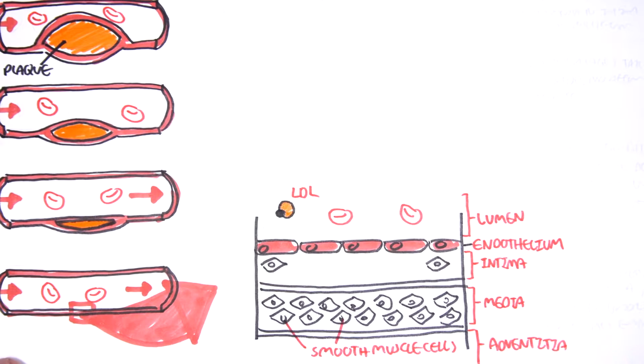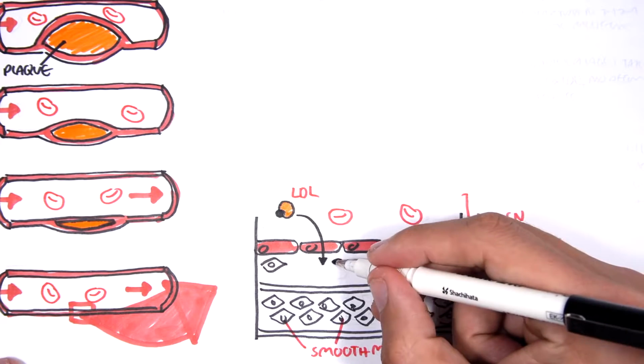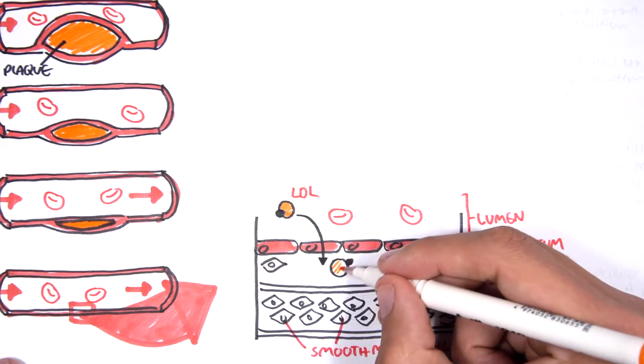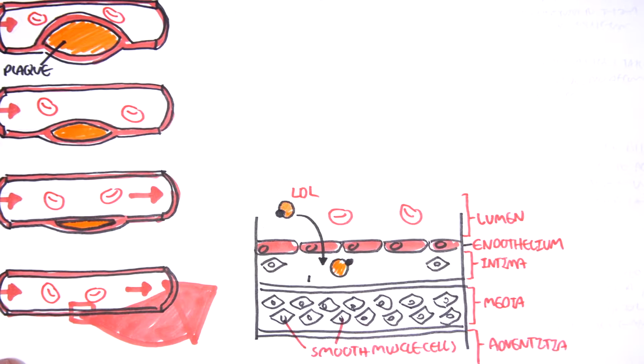There are a few theories of how atherosclerosis begins. One theory suggests that there is endothelial dysfunction, and there are high amounts of circulating LDLs. Because there are high concentrations of circulating low density lipoproteins, these LDLs can deposit in the tunica intima and then become oxidized.